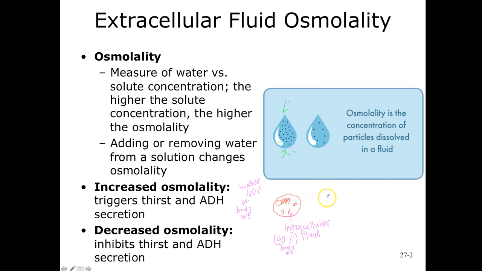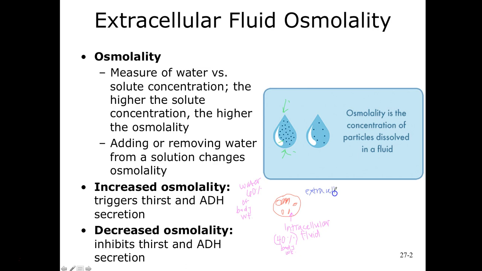And what's going to be our other 1/3 that's left is everything outside of the cell. That is called our extracellular fluid, and we've mentioned these terms many times before in class.